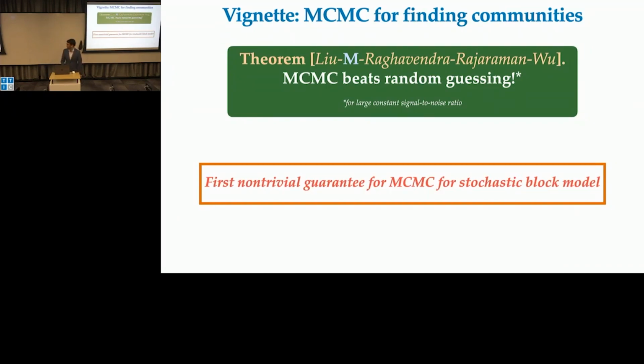And this is the first non-trivial guarantee for the Markov chain for the stochastic block model. I would even go as far as to say that it's the first non-trivial guarantee I'm aware of for a slow mixing Markov chain succeeding at an inference task. Okay, so now I want to tell you all a little bit about some of the conceptual ideas that we introduced to prove this. But maybe I'll pause to see if there's questions.